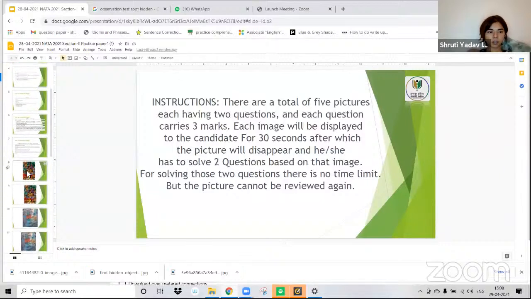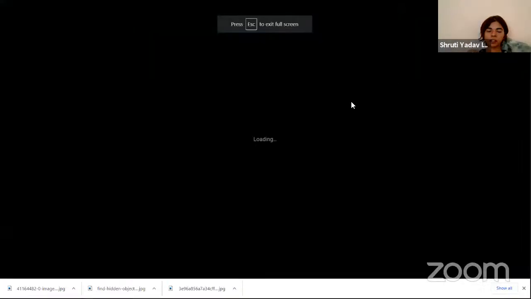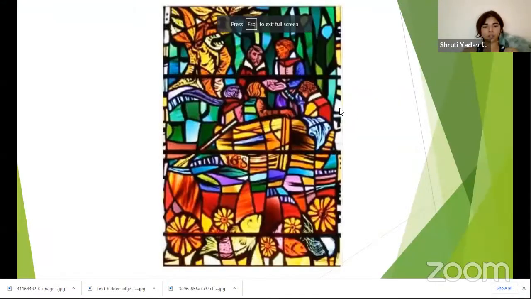So first, today we're going to attempt to find the differences between images, and after that we'll go to the detailed images. So I'll present this to you. Please look at it for 30 seconds, and I'll show you the second image for another 30 seconds.